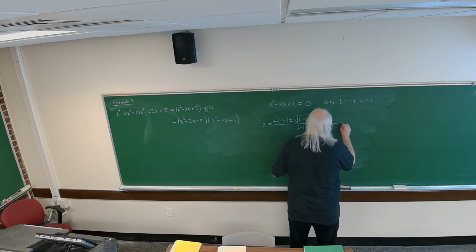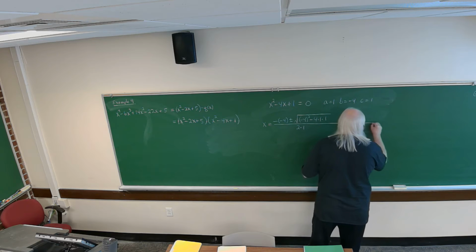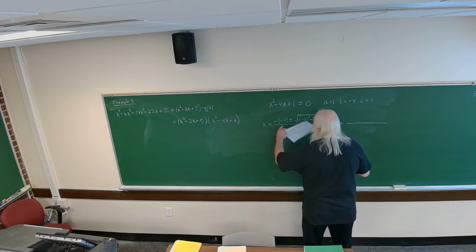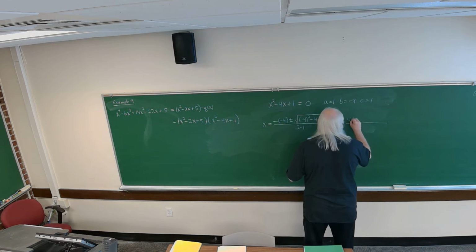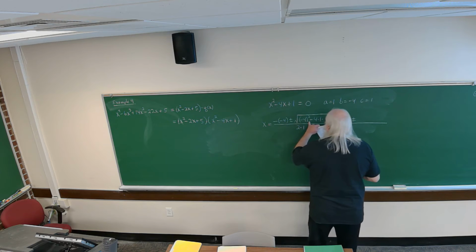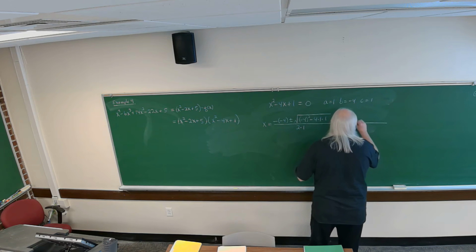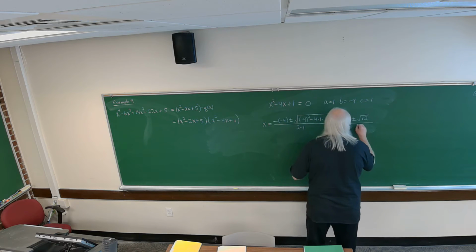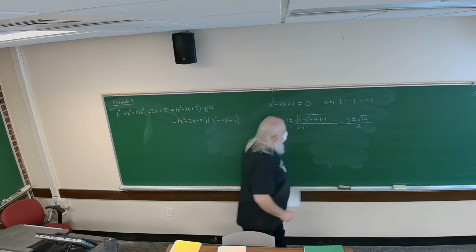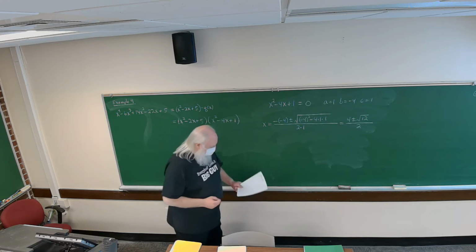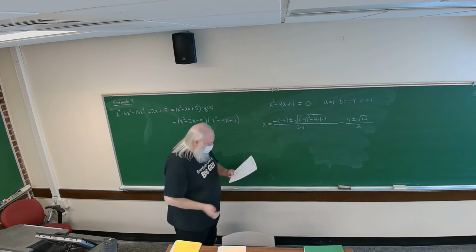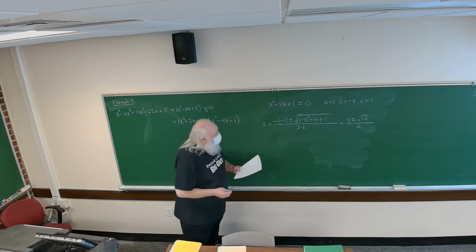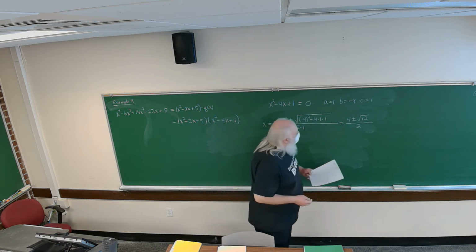Well, the determinant under the square root, well, negative of -4 is +4. And the determinant under the square root is equal to 12. And 2 times 1 in the denominator is 2. Can you simplify the 12?